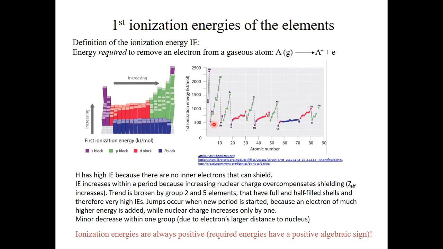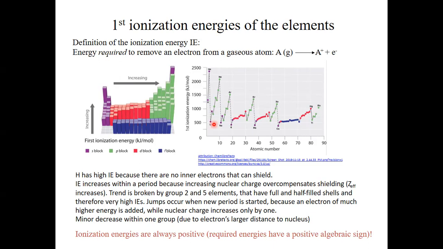Now we can again think about what the explanation for that is. When we look at the group 2 elements, we realize that in a group 2 element we have a full s valence subshell. Whereas when we go to the next group, we have to start a new p subshell.